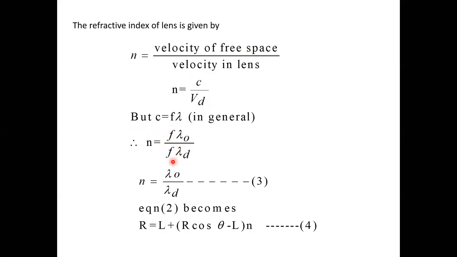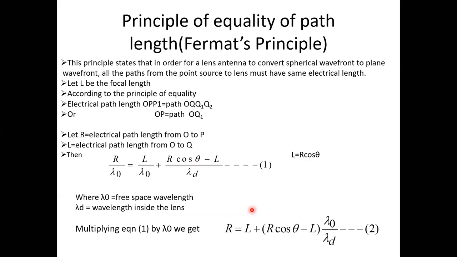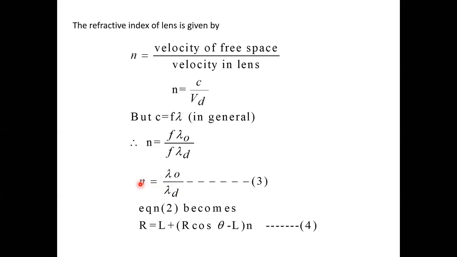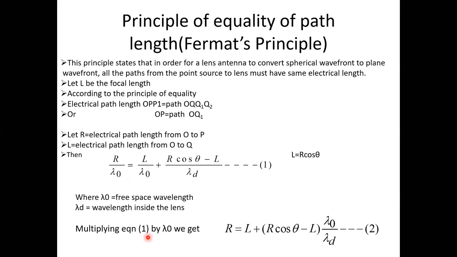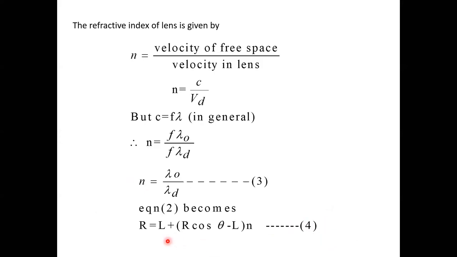F gets cancelled, and what remains is lambda naught divided by lambda d. So in the previous equation, equation 2, lambda naught divided by lambda d is equal to n. We can write the equation as R is equal to L plus R cos theta minus L, into n.